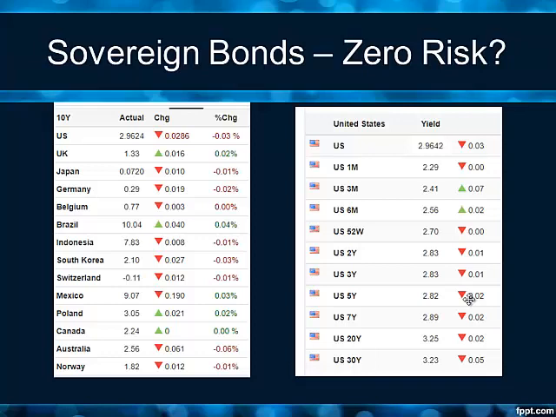One is the 3 month, 6 months is 2.56. 1 year bond is 2.7, 2 year is 2.83, 7 year is 2.89, but then 20 years and 30 years are 3.25 and 3.23.